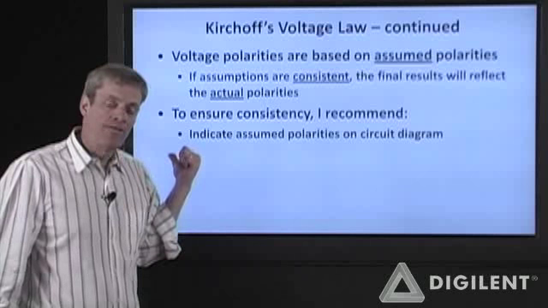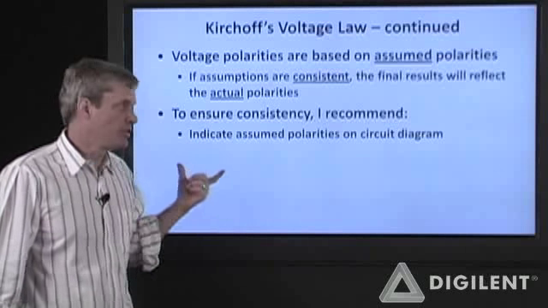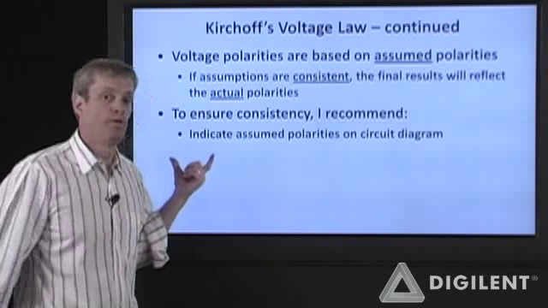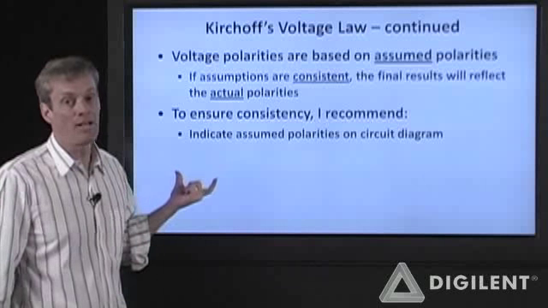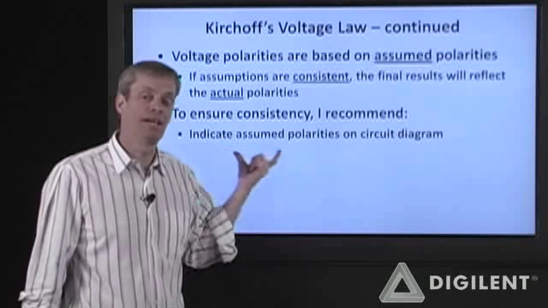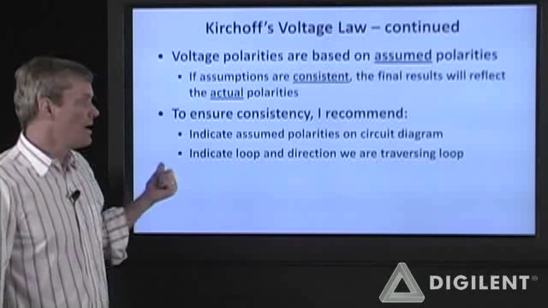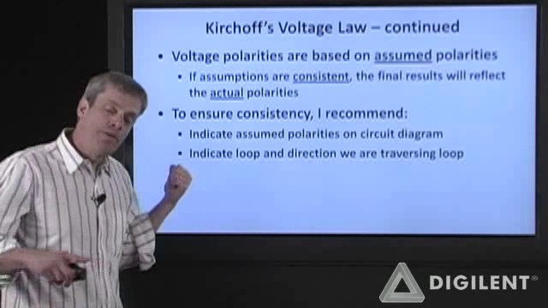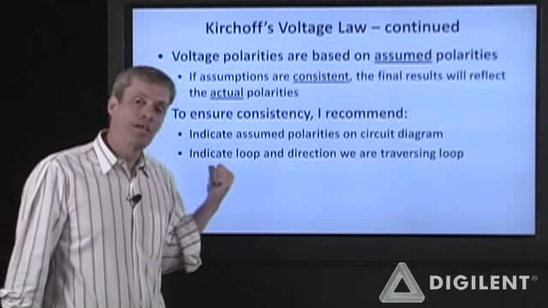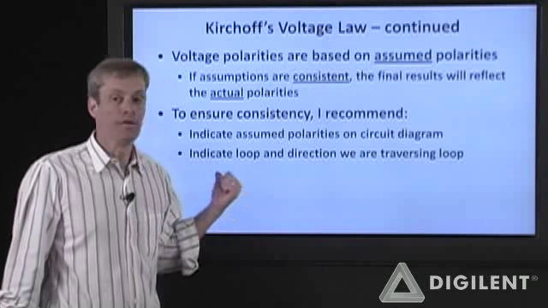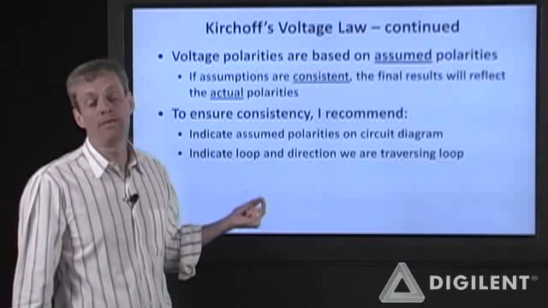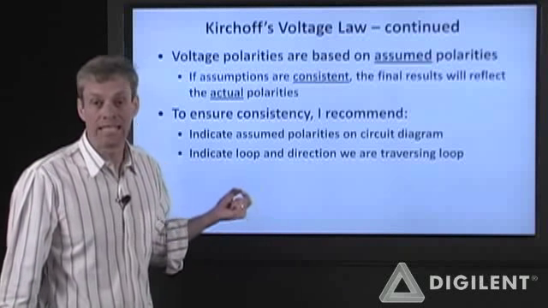On your circuit diagram, indicate all of your voltage polarities, the assumed polarities. You don't know what the actual polarities are going to be until you're done analyzing the circuit. Indicate the loop that you're taking and the direction that you're going around that loop. The direction doesn't matter. Keeping track of what the direction is does matter.